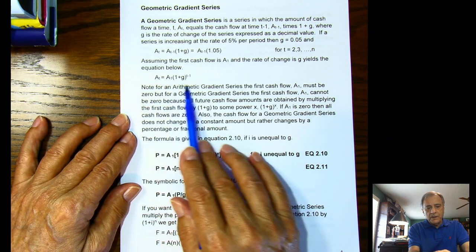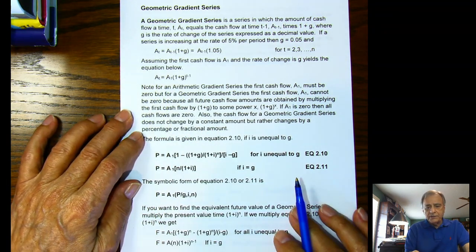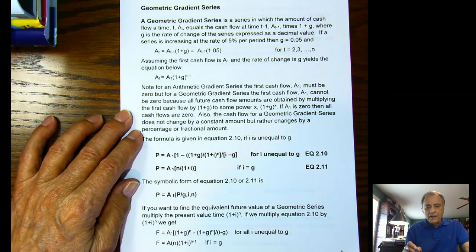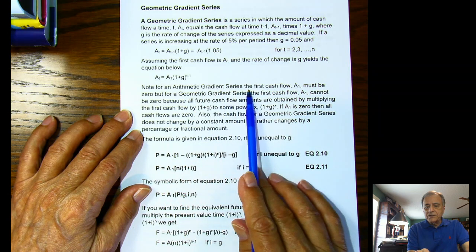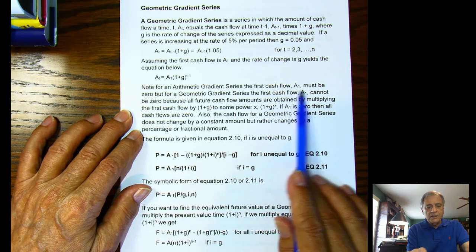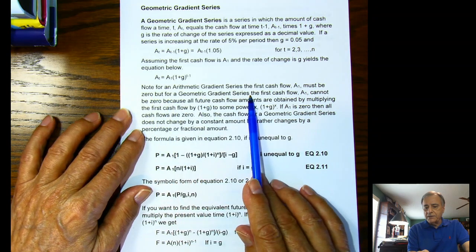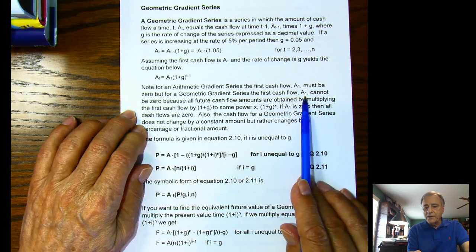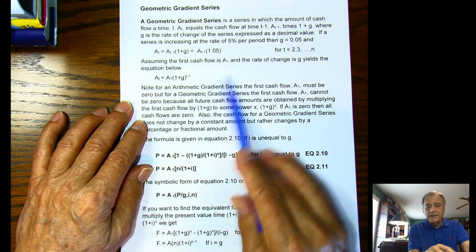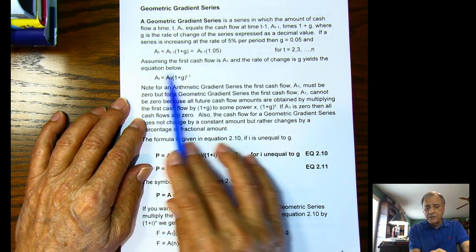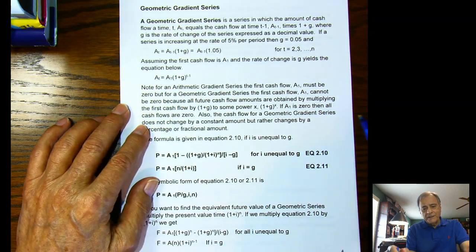And so this is the way a geometric gradient series works. I say, note that for an arithmetic gradient series, the first cash flow, A1, must be 0. But for a geometric gradient series, the first cash flow, A1, cannot be 0, because if the first one is 0, then they're all going to be 0 if you execute this formula. So it's quite different.